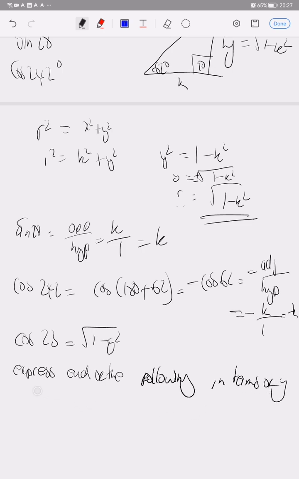They want sine 23, they want tan 103, they want sine of negative 653 degrees. So try to find those in terms of g. So that will be today's session.